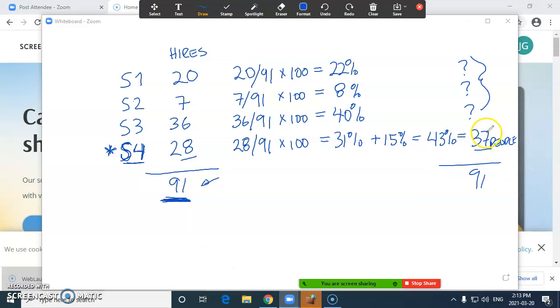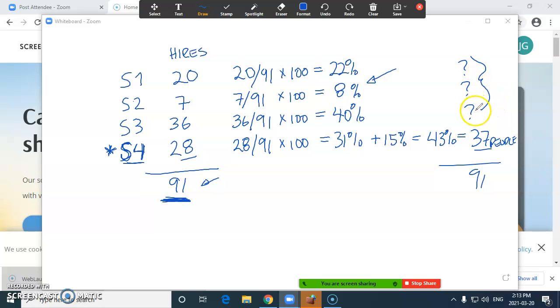Did those 9 people all come from source 1? Did they all come from source 2? Did they all come from source 3? Or did they come from all the other ones at the same proportion as they were here? And that's the answer. So the question is, how do you figure out these numbers?